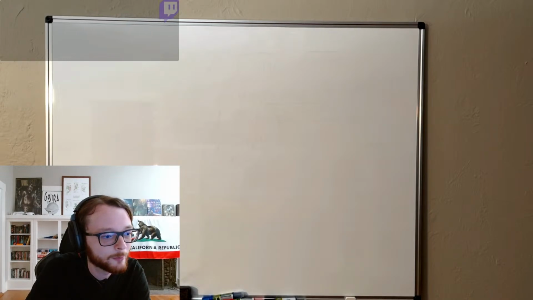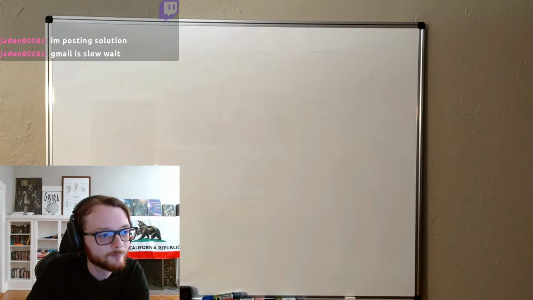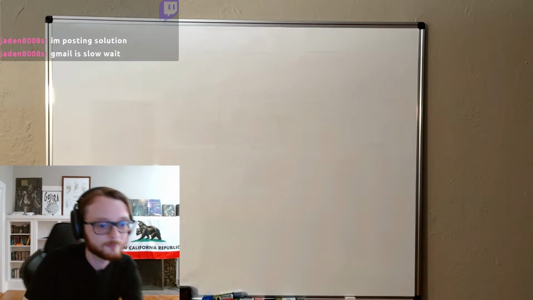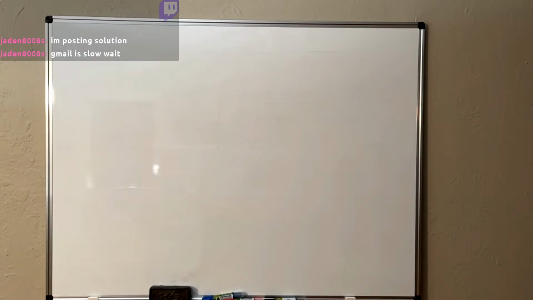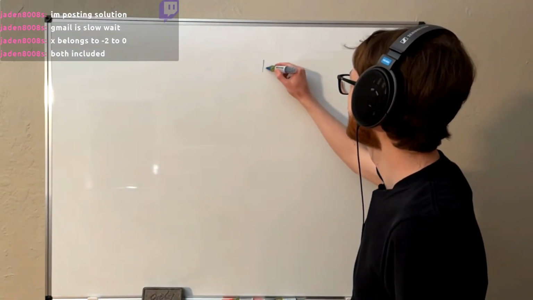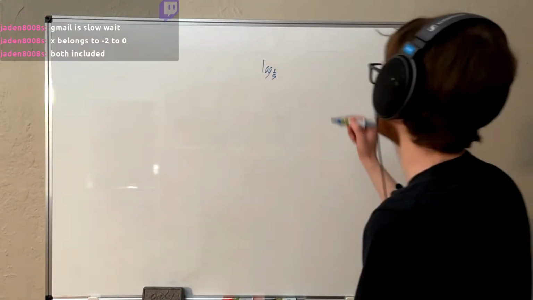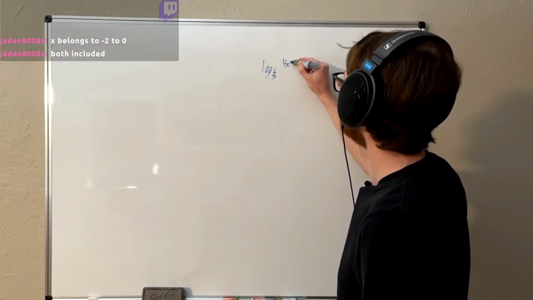I don't see where you posted the solution, Jaden. Oh, you're sending it. Oh, okay. Do you just, I mean, -2 to 0? I feel like it's not gonna be how to just work it out, like 4x plus 6 over x.